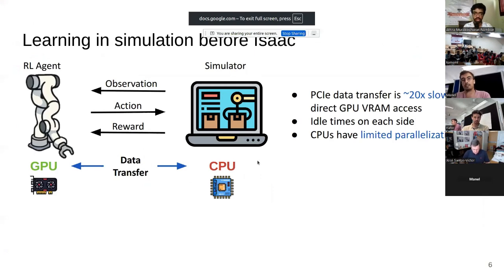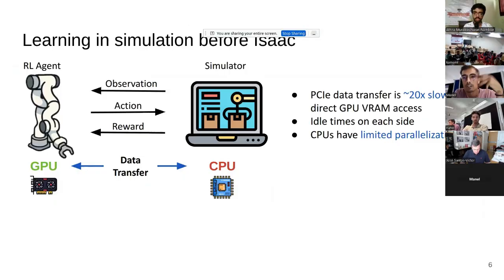Yes. So this is how other simulators used to work. Isaac Gym is special because everything happens in the GPU, but other simulators have the learning algorithm running in the GPU. That's the reinforcement learning. Reinforcement learning nowadays also uses deep learning in the background, so you have to optimize and do computations.